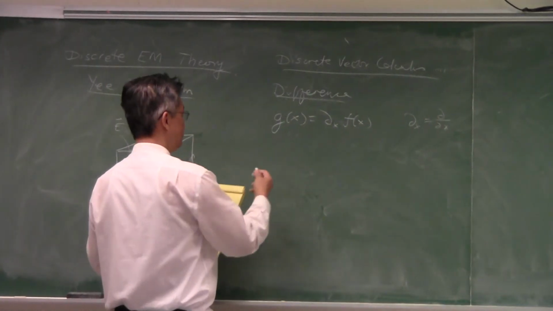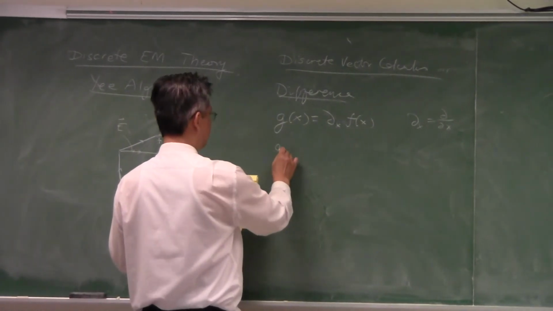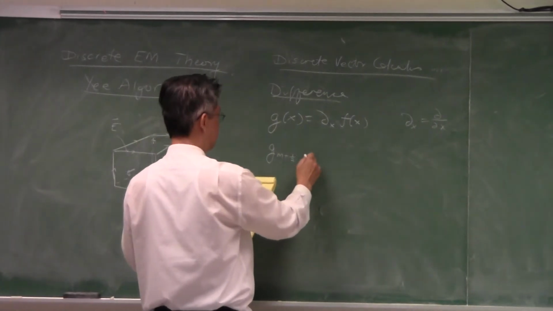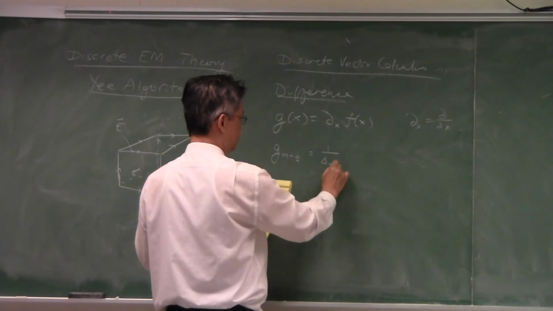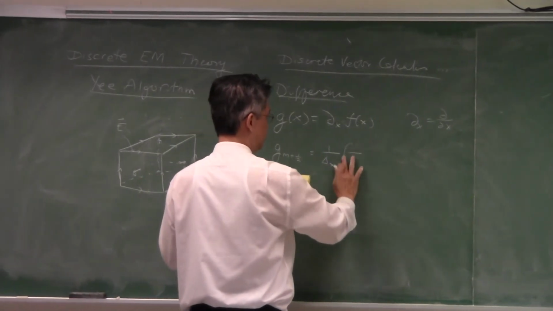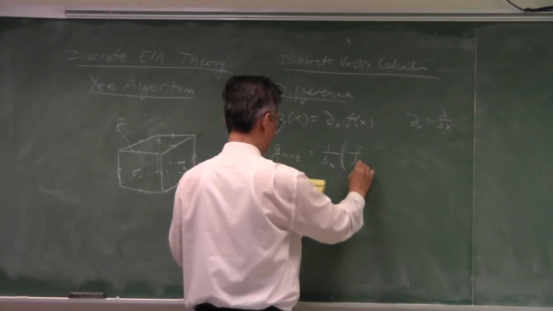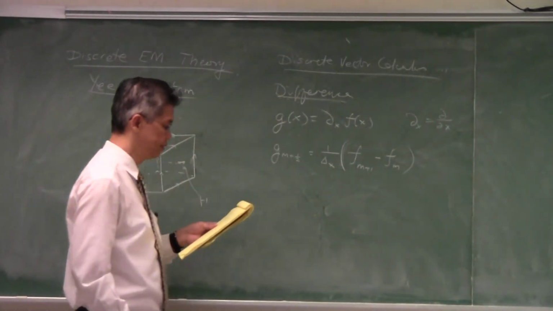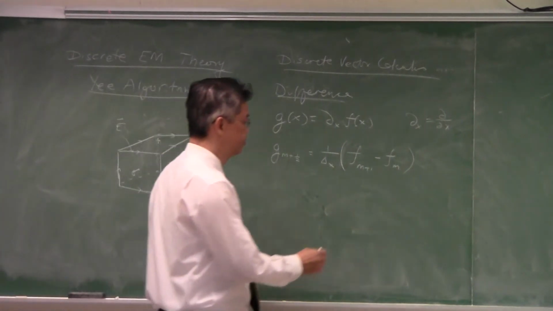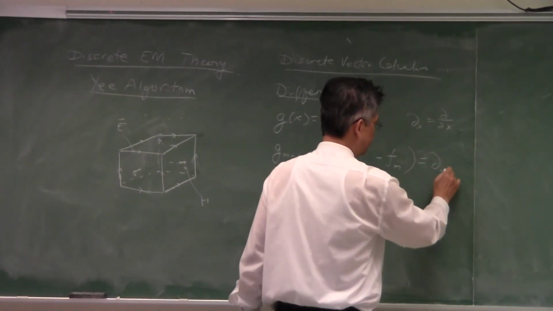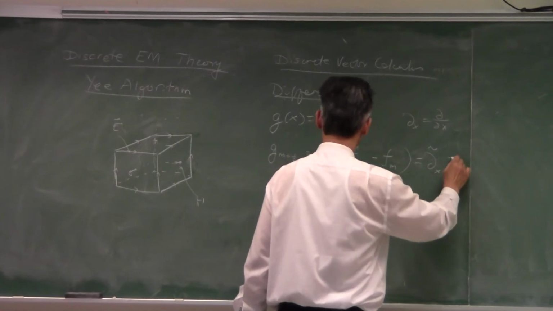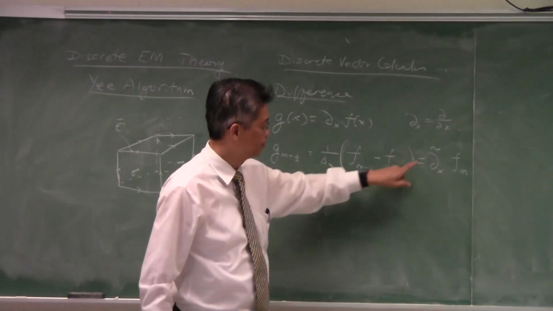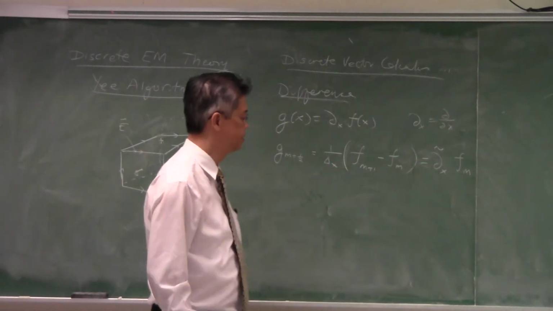Then a finite difference approximation of this is assumed to be valid at a half grid point, and this is approximated as 1 over delta x times f of m plus 1 minus f of m. This is called a forward difference. I will denote this as a tilde partial x. Okay. This tilde here means this is a forward difference, and this is a forward partial of x.